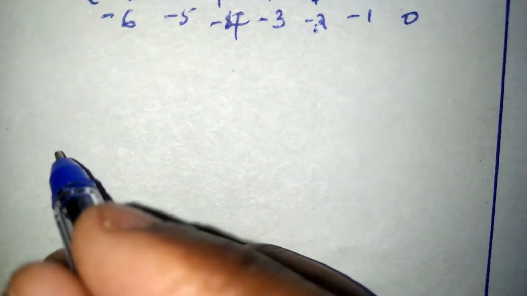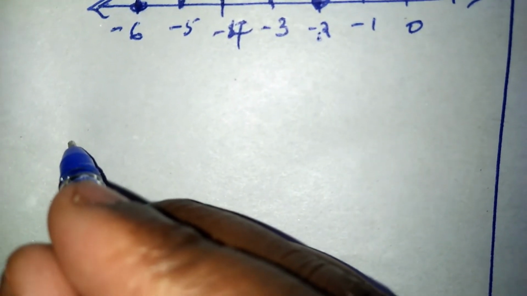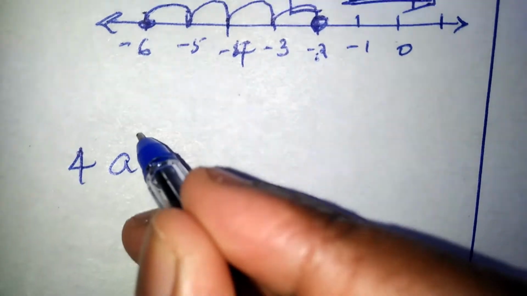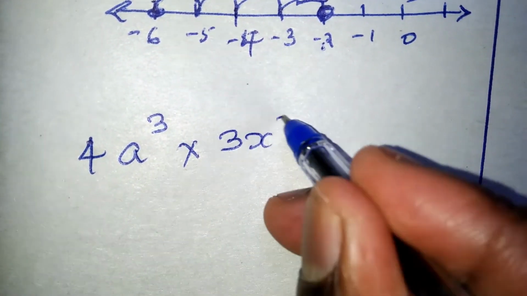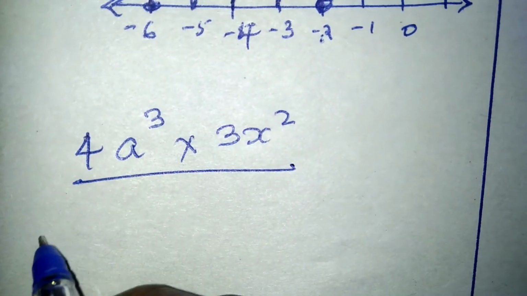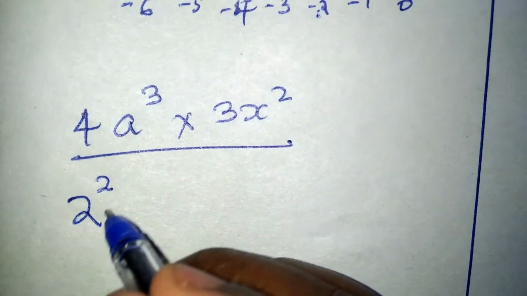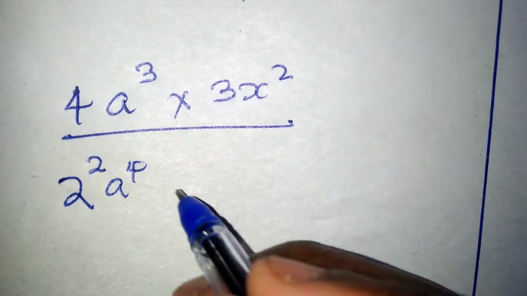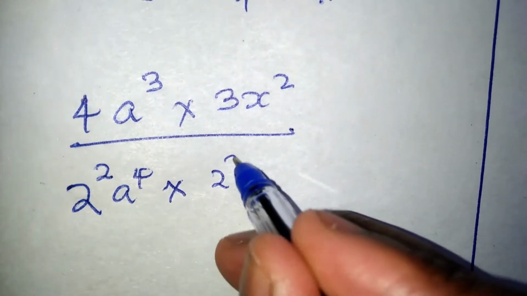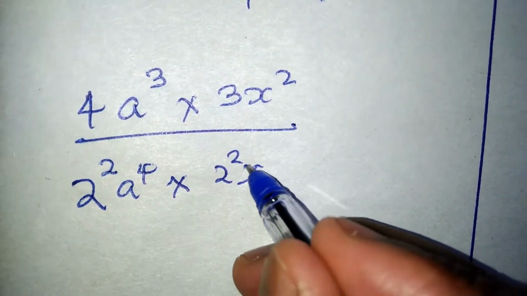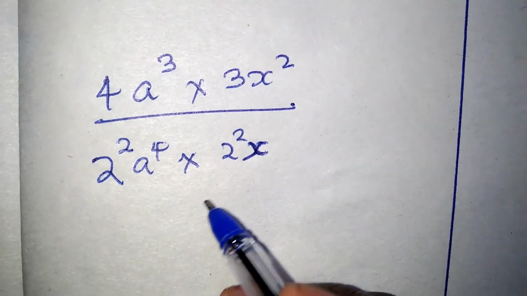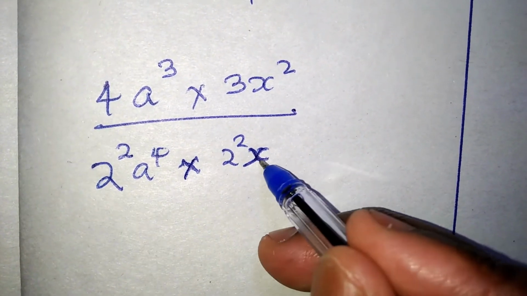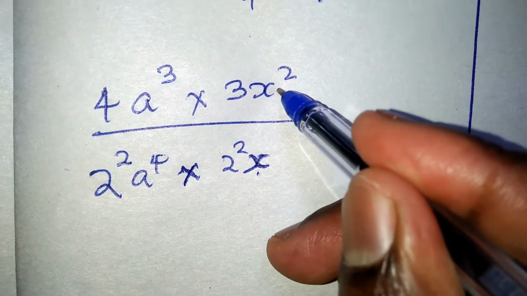Another example is where we have 4a raised to 3 times 3x squared, all this divided by 2 raised to 2 a raised to 4 multiplied by 2 raised to 2x. Now, to begin with, you can see that we have x here and we have x here.